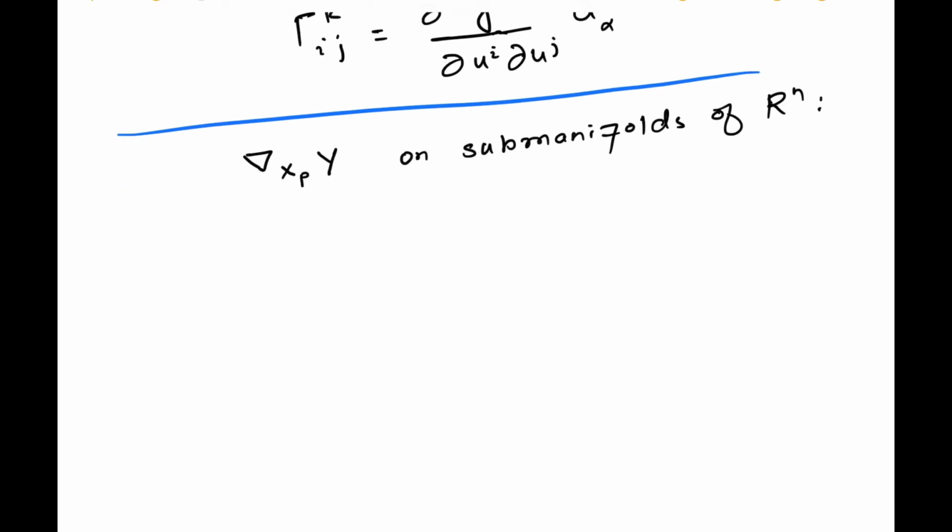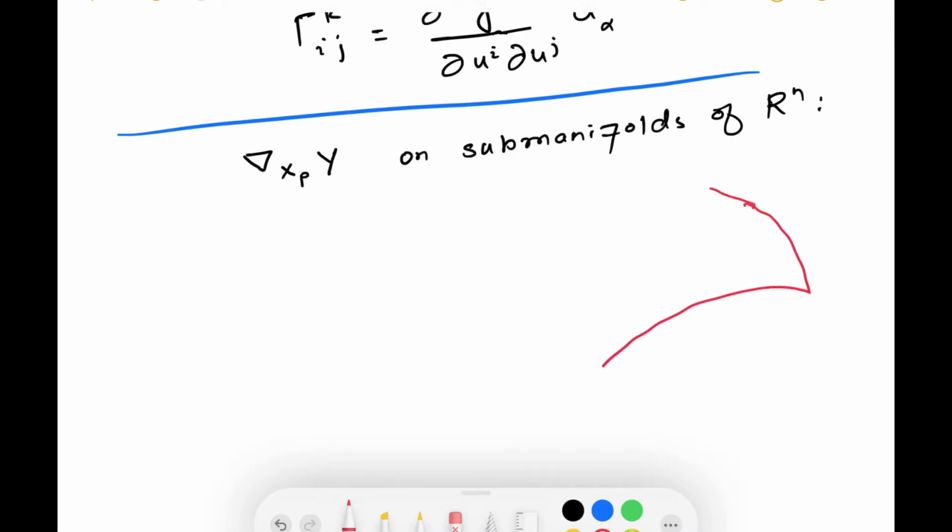Okay, so how do we change our point of view? Let us say this is some part of the manifold, and we are taking this point.